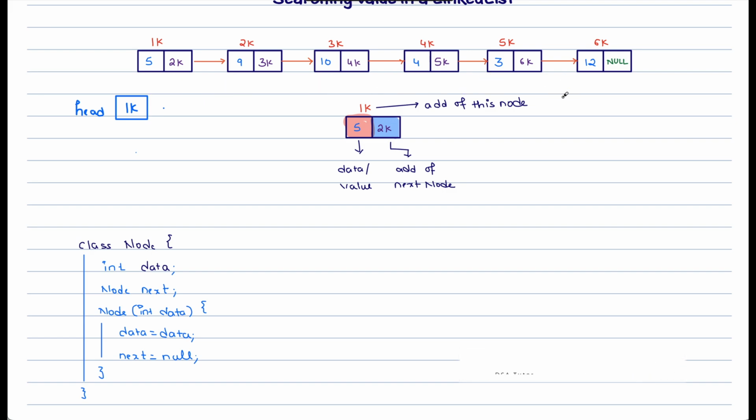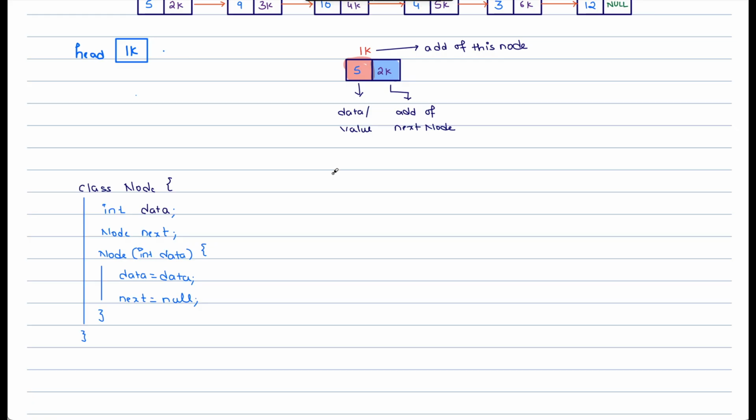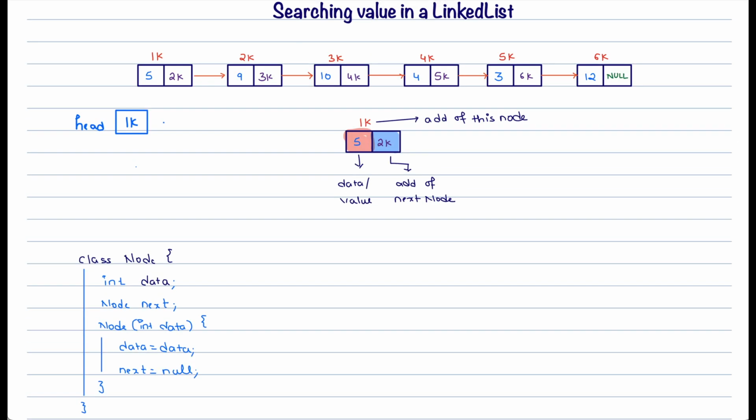how should I iterate, or how should I traverse from first to last? Let's imagine that I want to traverse and print all the data, that is 5, 9, 10, 4, 3, 12, and so on. Right now I do have the address of the first node, and it is present in the head.